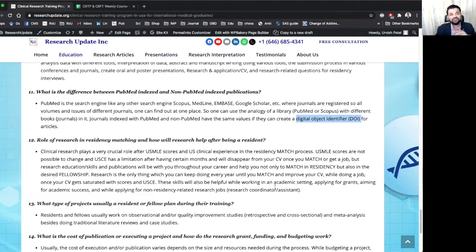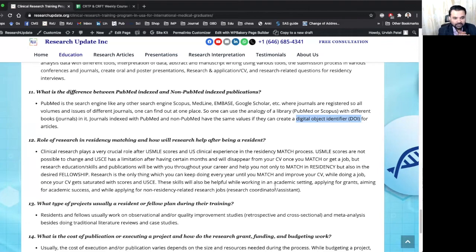Once you have your USMLE scores, they are fixed; we cannot change them. But research and United States clinical experience you can do, and you can prove your clinical skill as well as research skill, to make sure your profile is a good profile compared to other applicants.